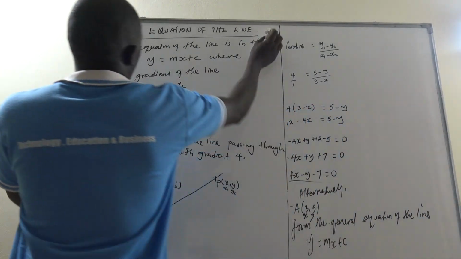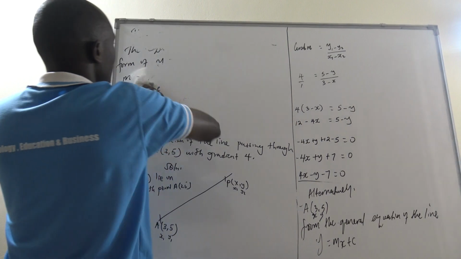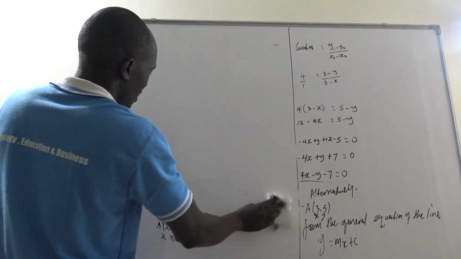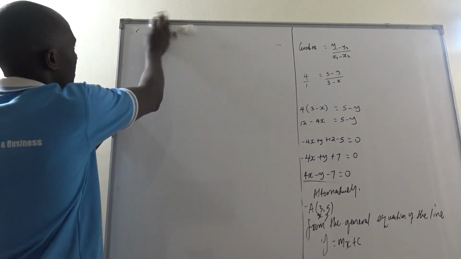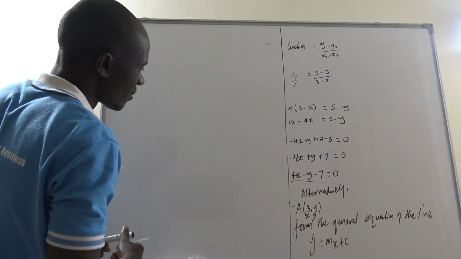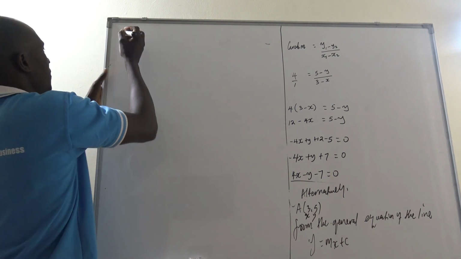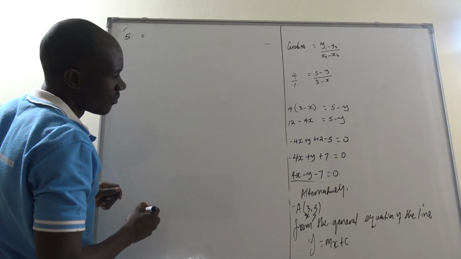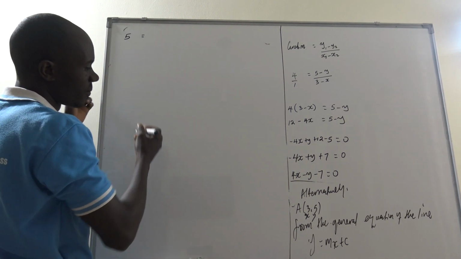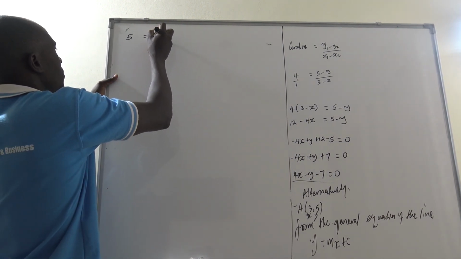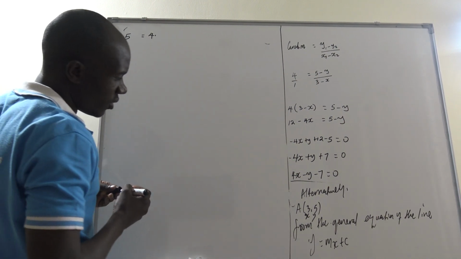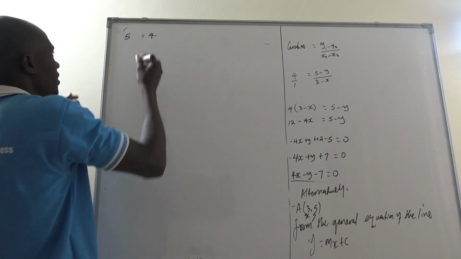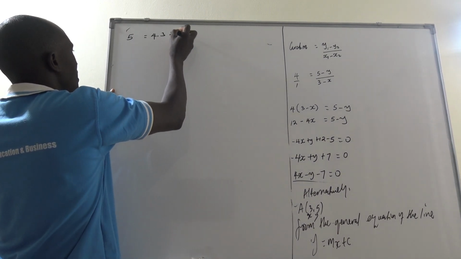So can we substitute in? We need to substitute in and see if it is bringing that very idea. So what is our y? Our y is already 5, which is equal to our m. The gradient is given as 4. You can say 4 times, do we know the value of x? The value of x is 3, then plus c.